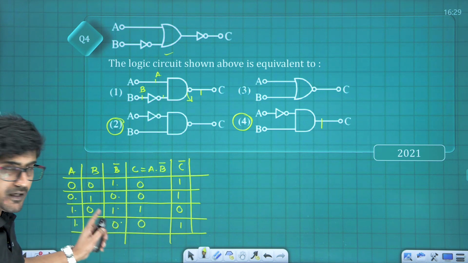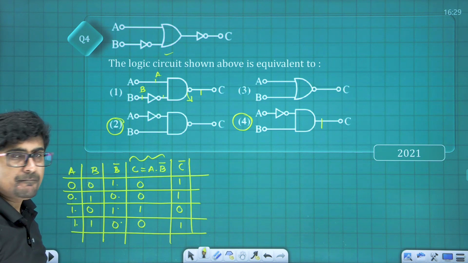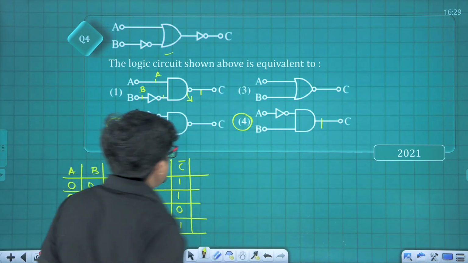I told you, here itself we can see it's not going to be the same.